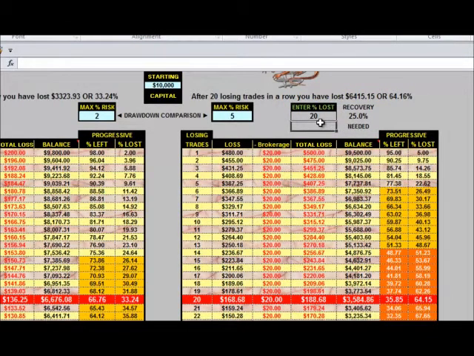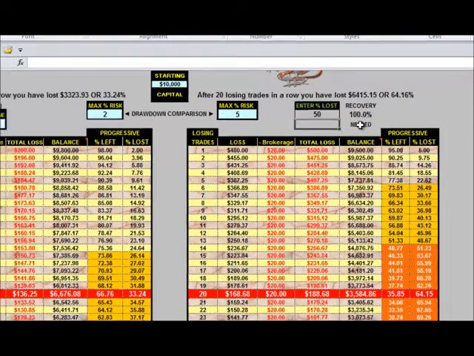So if I lost 20%, I need to get 25% back. Well, if I lose 50% of my account, now I need to get back 100%. So the point being is that it's extremely important to manage these losses. We can't let these losses get away from us, because if we dig ourselves a deep enough hole, we're going to have a heck of a time getting out of that hole.